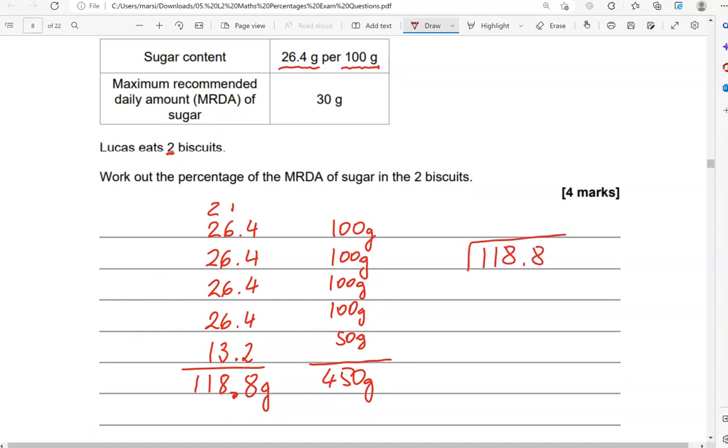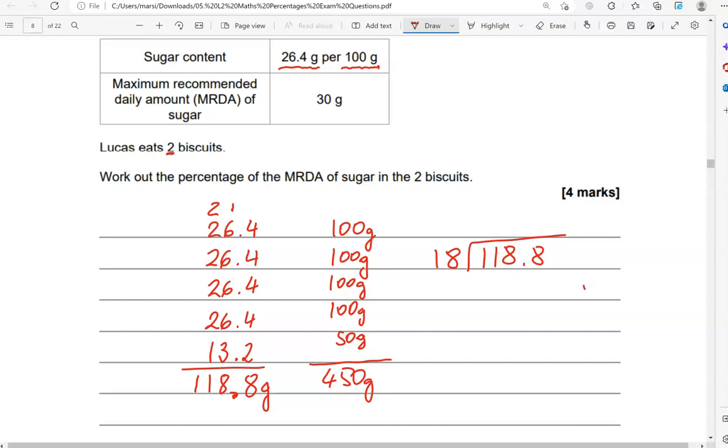118.8 divided by 18. So how many 18s fit into 118? So in my head, I'm going to round this up to 20. So 20, that would be 6 of them in 120.